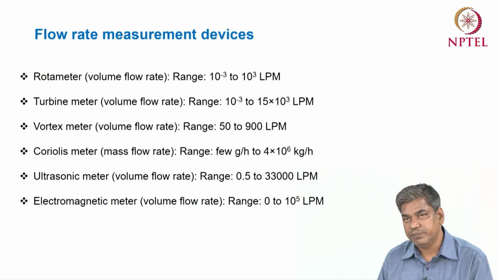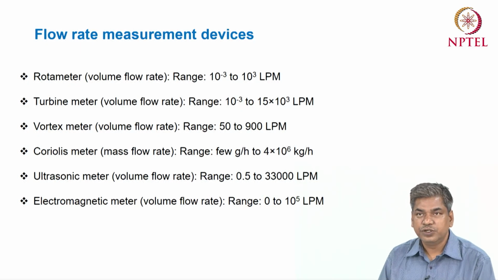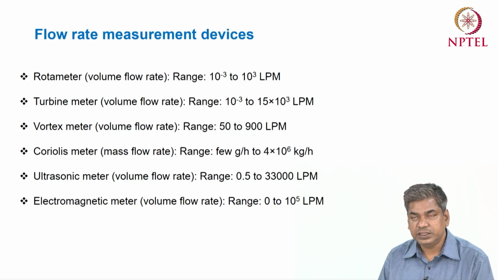So we can directly measure the mass flow rate by using the Coriolis meter. The range may be from a few grams per hour to 4 into 10 to the 6 kg per hour. So for a wide range, to measure the mass flow rate, we can use the Coriolis meter.